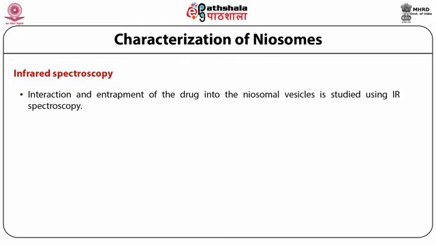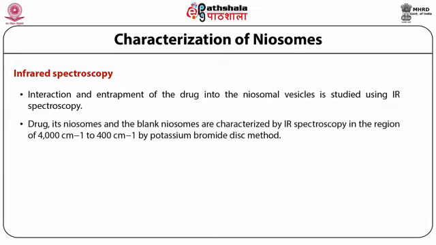Interaction and entrapment of drug into neosomal vesicles is studied using infrared spectroscopy, IR spectroscopy. The drug, its neosome and the blank neosomes are characterized by IR spectroscopy in the region of 4000 to 400 wave number using the potassium bromide disk method.